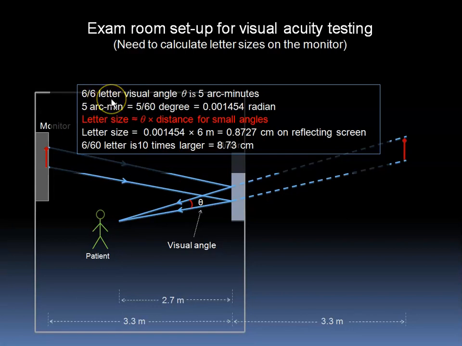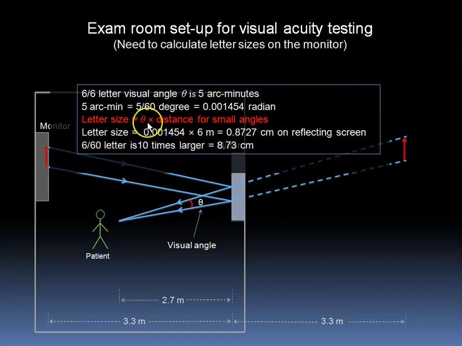The 6/6 letter in meters has a visual angle of 5 arc minutes. 5 arc minutes is 5/60ths of a degree, which is 0.001454 radian. The letter size is approximately the angle in radians times the distance where the angles are small.